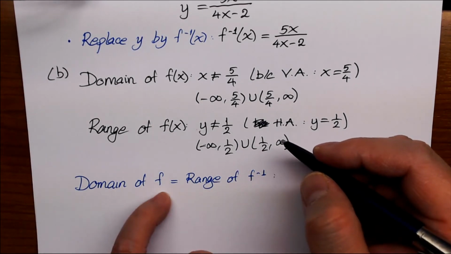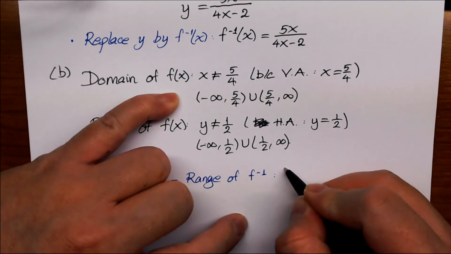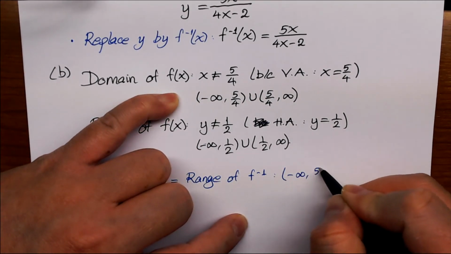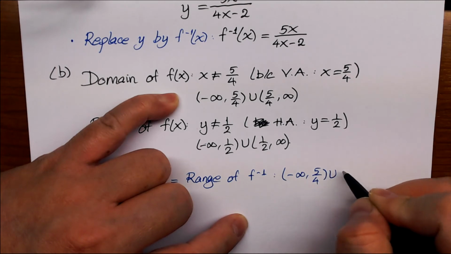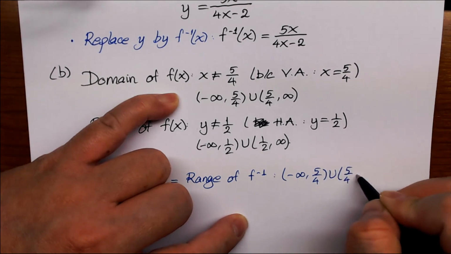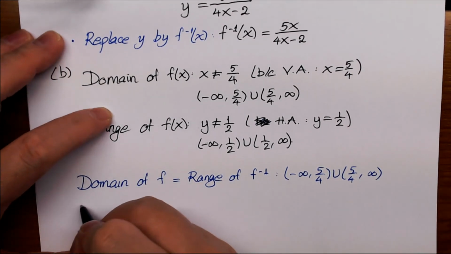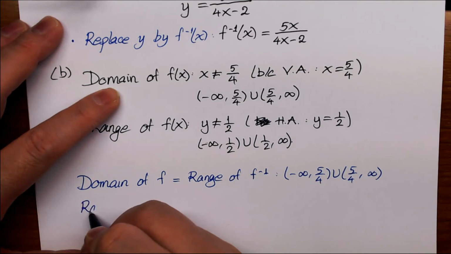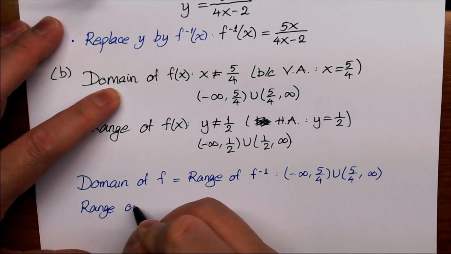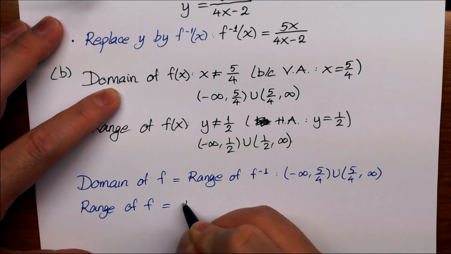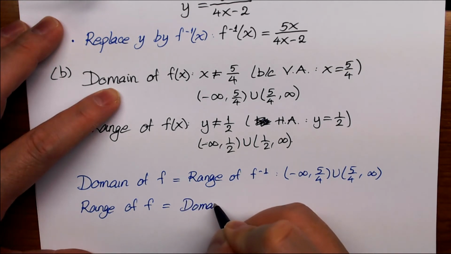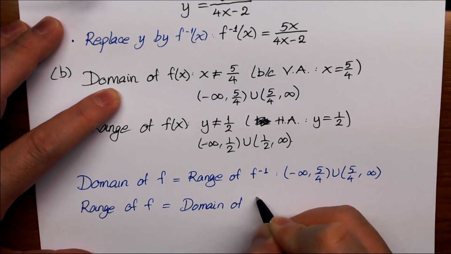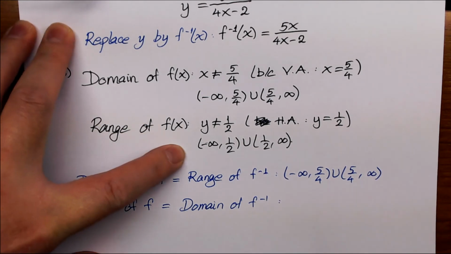So the domain of the function, the range of the inverse, will be this. And the range of the function and the domain of the inverse will be equal to this.